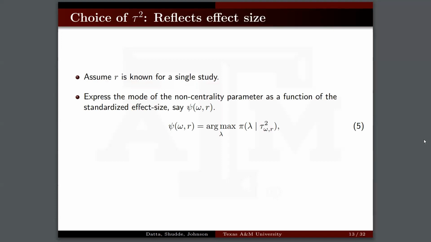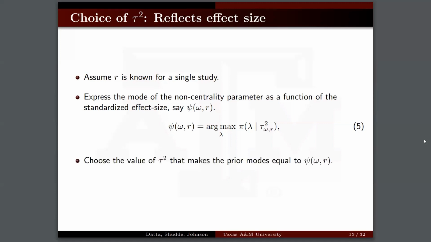If we denote this ratio as a standardized effect size, say omega, and equate this, assuming R to be known, we just get the value of tau squared as n omega squared by twice R. So tau squared could be expressed as a function of the effect size. And our Bayes factors based on test statistics were expressed as functions of tau squared, and hence they could be easily expressed as functions of the effect sizes.